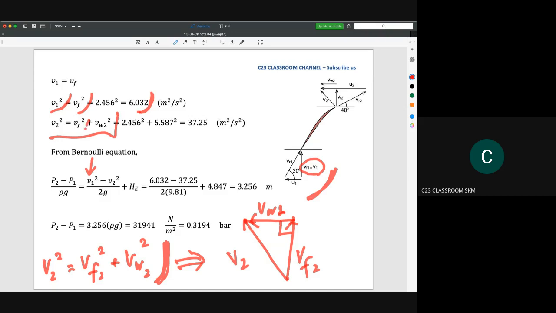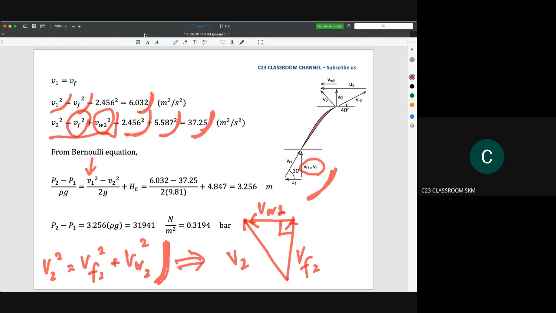Okay, we could use the VF here because it is constant. So it is equal to 2.456, and U2 here is already calculated previously, so it is 5.587. So we could determine the value of V2 square as 37.25 meter square over second square.